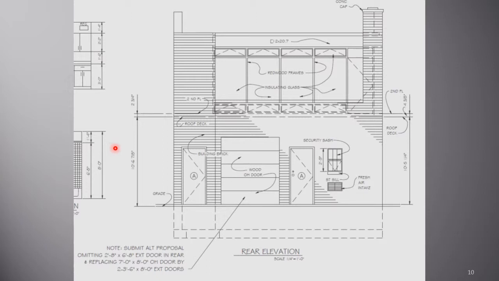Notice that the elevation also shows window arrangements, redwood frames, insulating glass. We show here two doors, otherwise known as man doors, because people can walk through them, and that's what they're designed for, as opposed to an overhead door like this that might be used to drive a car into a garage, for example.